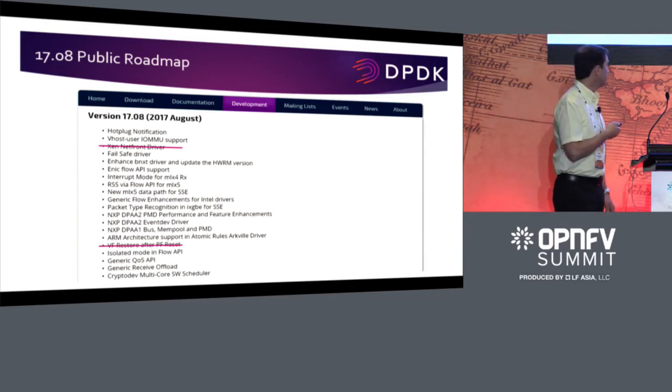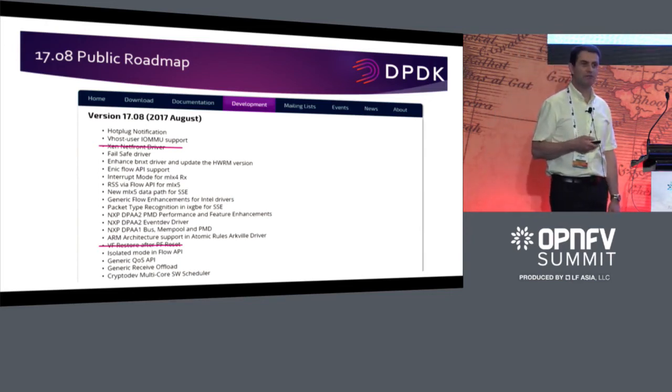The other one that's crossed out, the VF restore after PF reset, was trying to find a way to do more automated processing within the VF when a PF reset occurs. Some discussion on the right way to do that and what is and isn't feasible. So that needs a little bit more investigation, so that won't be in 1708 either.